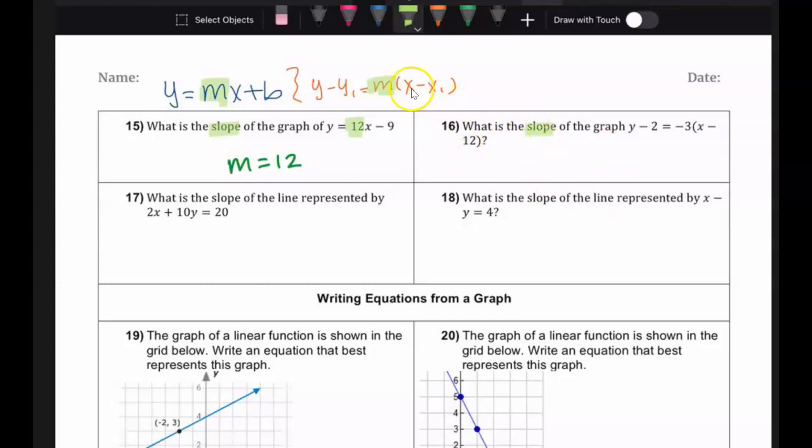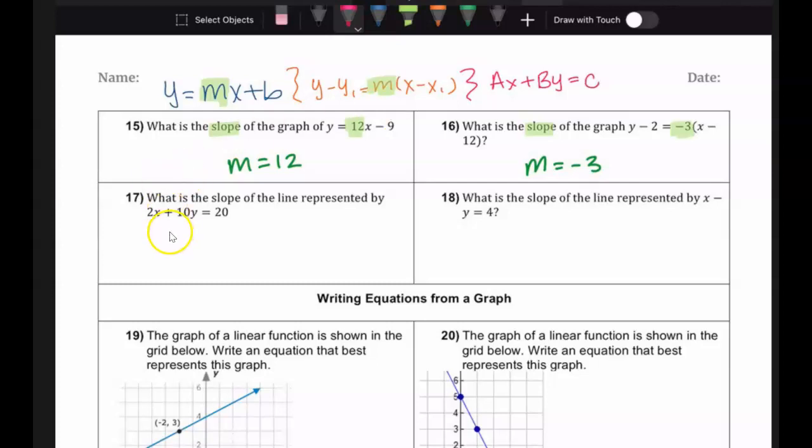So if we look at our equation, the m is the number in front of the parentheses. So in this case, the -3. So you're done. The final form is something we call standard form. Ax plus by equals c.